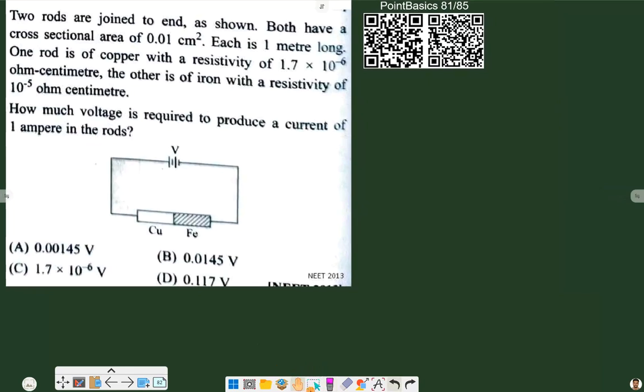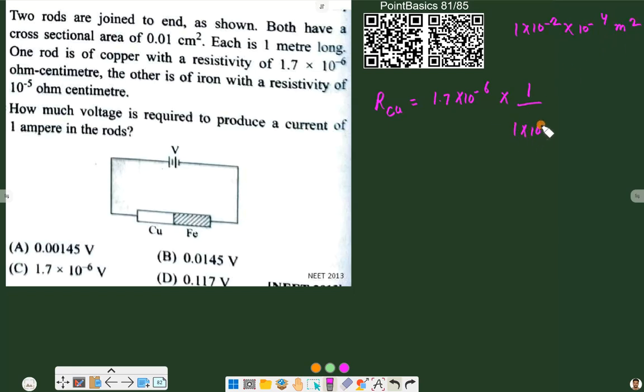So first, coming to the copper, resistance of copper will be resistivity of copper, that is 1.7 into 10 raised to power minus 6, into length 1 by area, which is 0.1 centimeter square, or we can say 1 into 10 raised to power minus 2 centimeter square, or 10 raised to power minus 4 meter square.